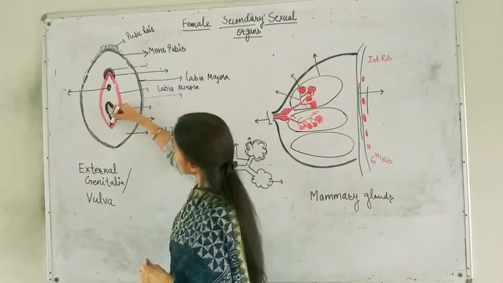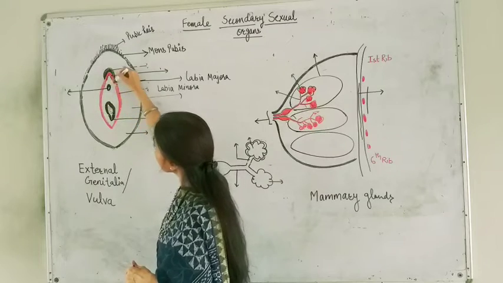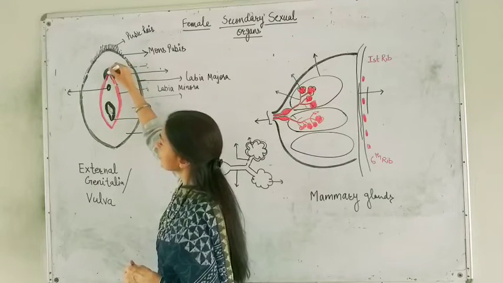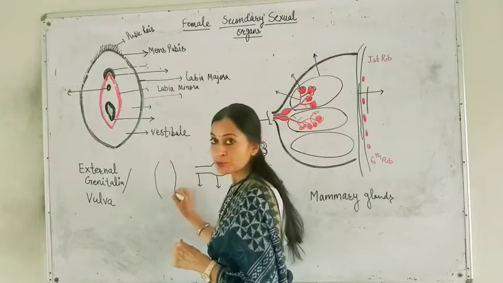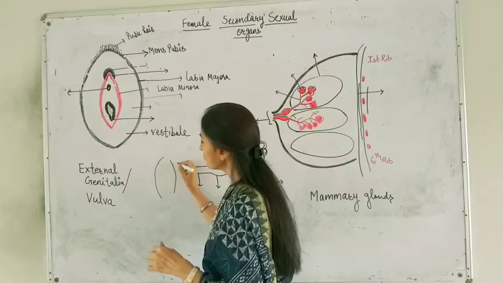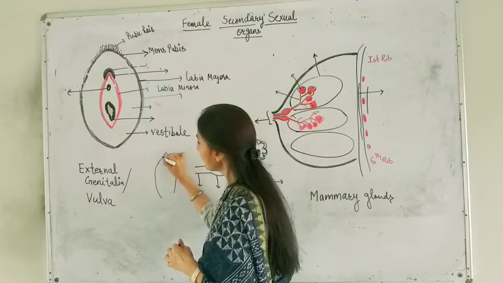And this labia minora joins to form an elevated, triangular structure here. This is the labia minora, and it joins from both sides to form an elevated structure.